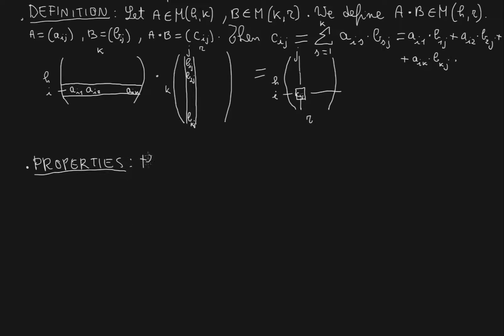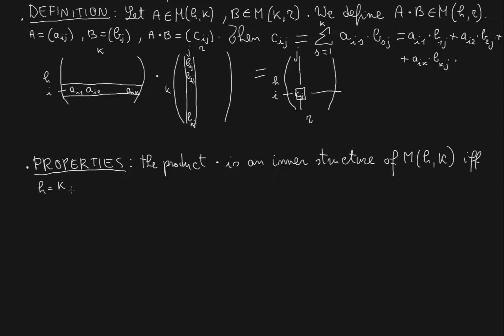The product is an inner structure of M_{H,K} if and only if H equals K. Okay?